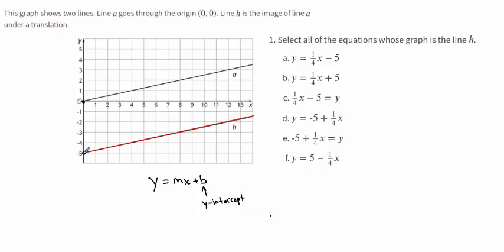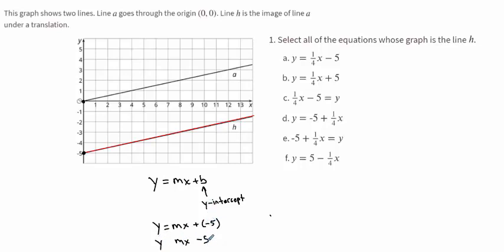So we're looking for a starting point of -5. So we could say y is equal to mx plus a negative 5. Or when we add a negative, we could just say y equals mx minus 5.